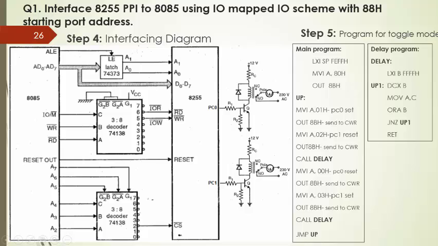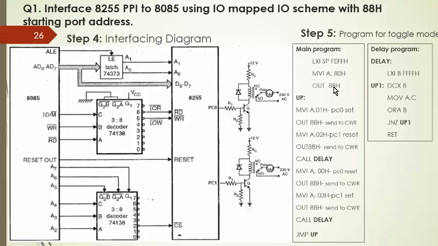In the IO command word format, the D7 bit is 1 in case of IO mode, and if you want to set the direction in output mode, that is PA, PB and PC, you have to set 0000 everywhere. According to the bit pattern you will get 80 hex, and this 80 hex you have to send to the command word register, and its address, we have obtained, is 8B hex.